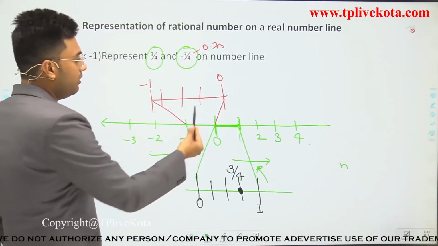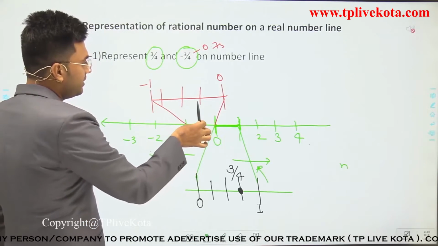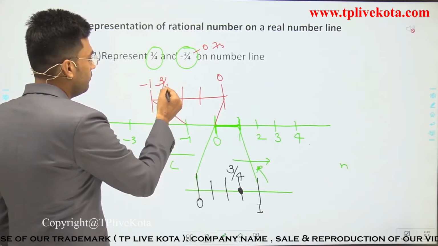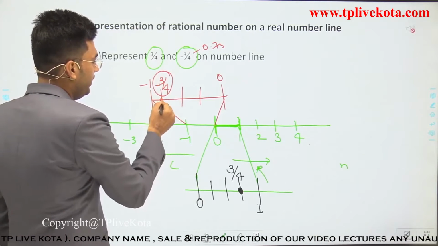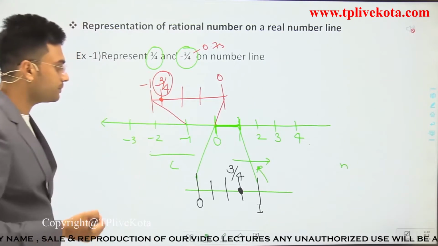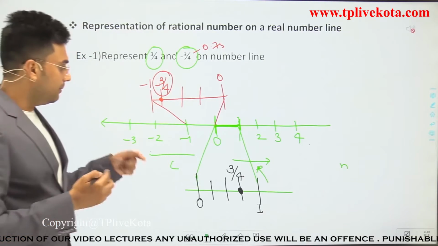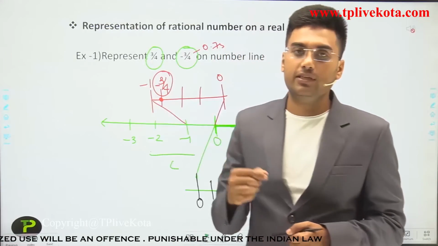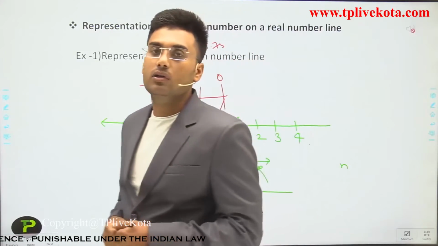Okay. Now if you go in this direction, 1, 2, 3, this is minus 3 by 4. This point is minus 3 by 4. Okay. So by this method we can represent any type of fractional rational number on the number line.